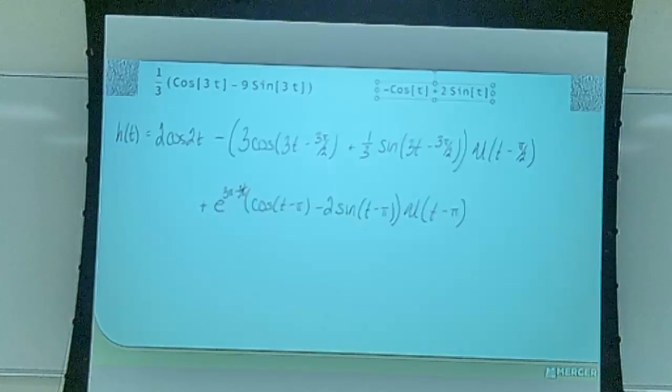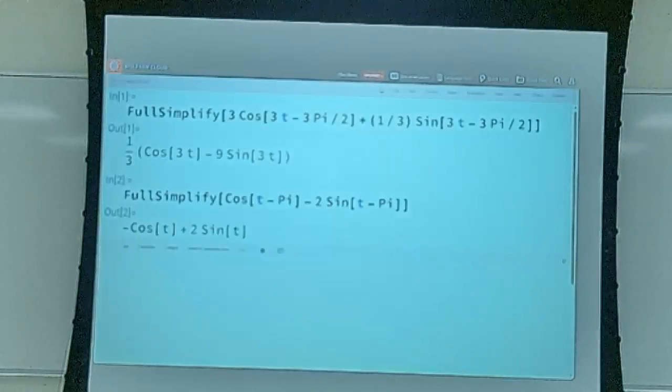There's that second one, and there's what I used.